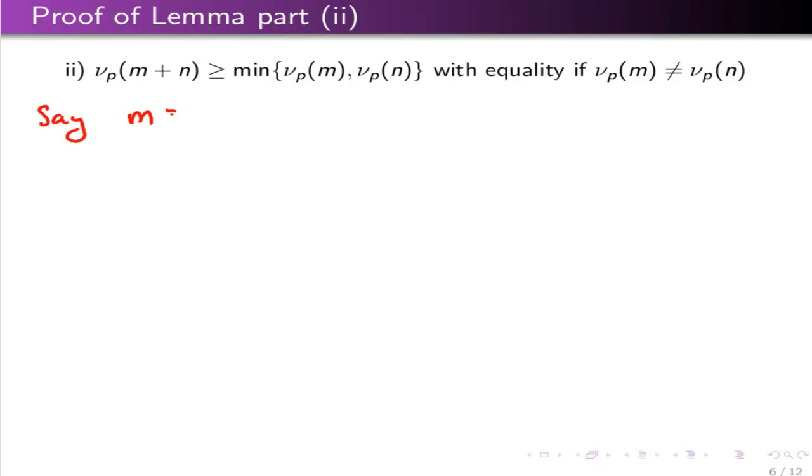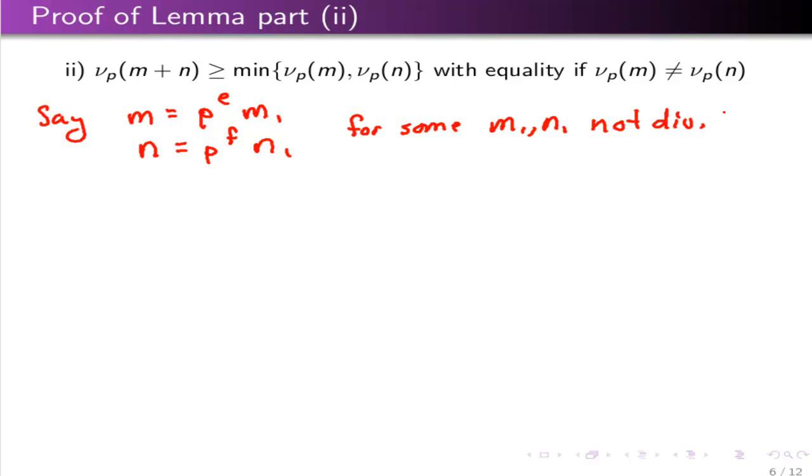So say m is p to the e times some m1, n is p to the f times some n1, for some m1, n1 not divisible by p. So some canonical representations like this, and then we look at m plus n.